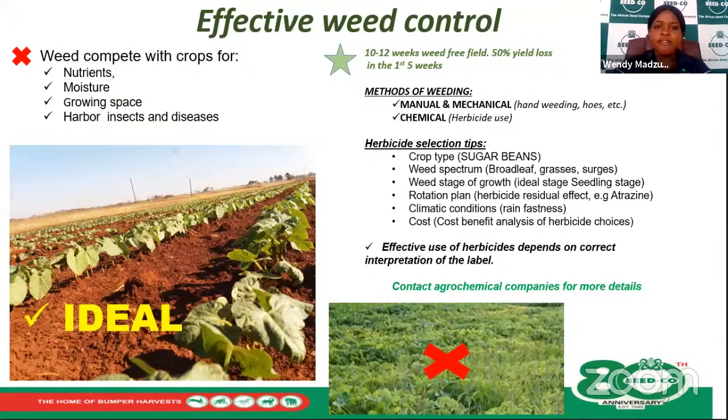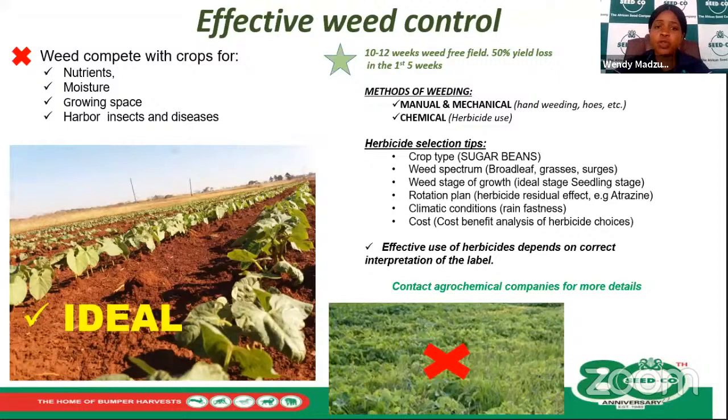Effective weed control is important, not only in sugar bean production, but in crop production as a general or broad term, because weeds compete with your crop for nutrients, growing space, moisture, as well as tend to harbor insect pests and diseases.